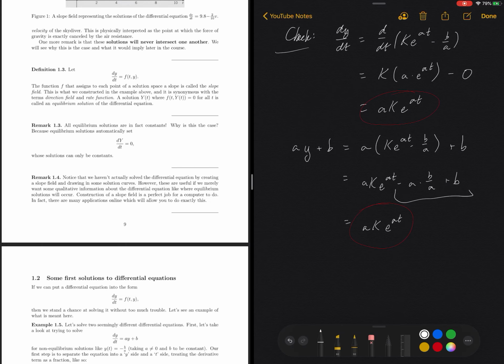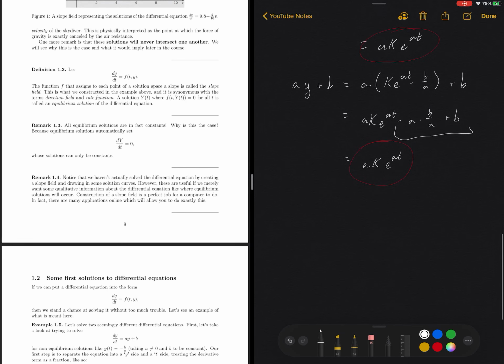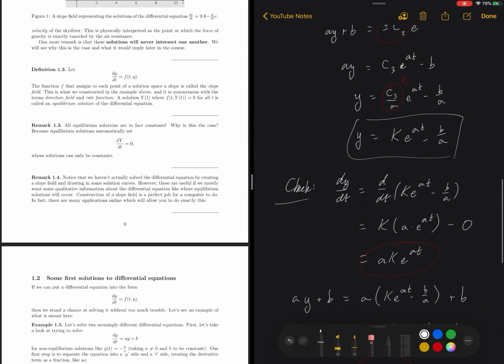So a k e to the at, and these two pieces are indeed identical. Therefore, dy dt equals ay plus b as required. And that is exactly what it means to be a solution to this.